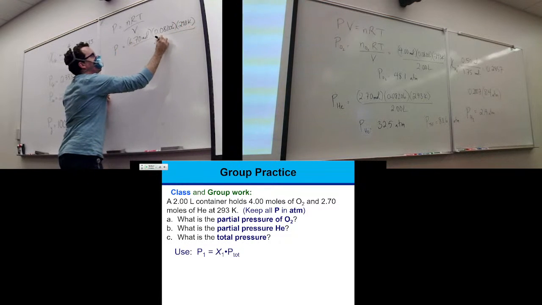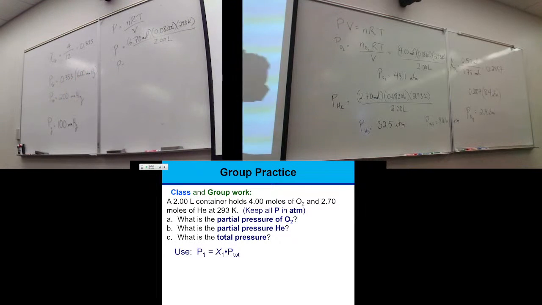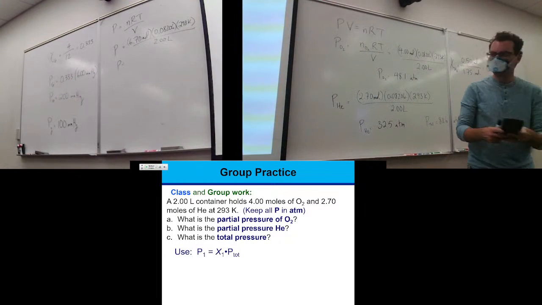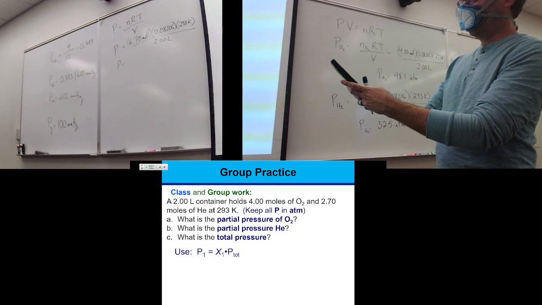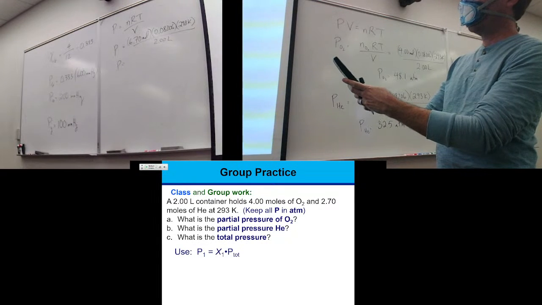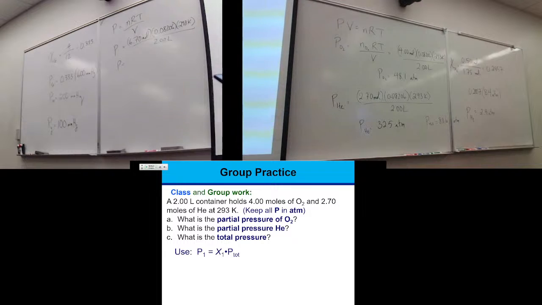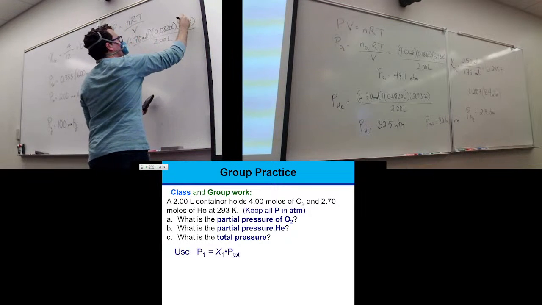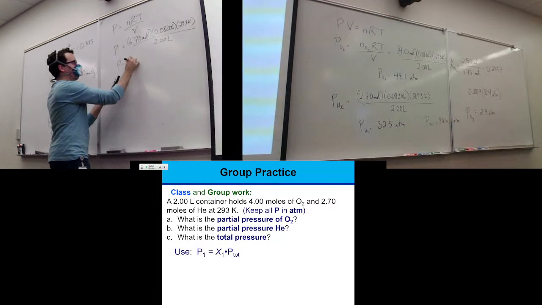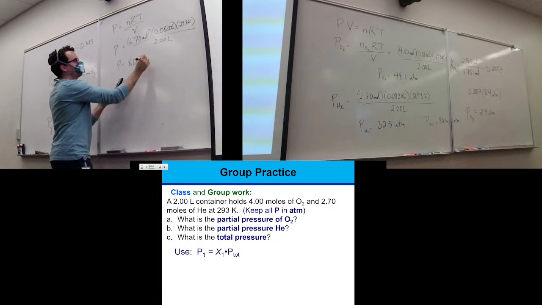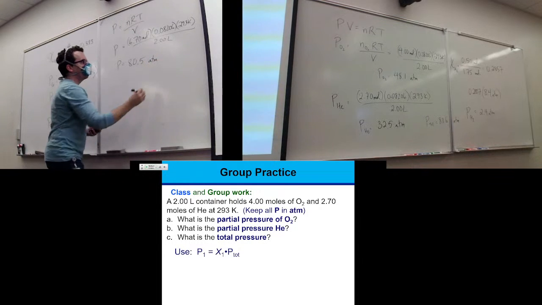And then the volume is 2 liters. I think there's some rounding errors probably here. Well, let's see. 6.7 times 0.08206 times 293, divided by 2. I get the same thing, 80.5. So rounding errors a little bit, but you get the same result.